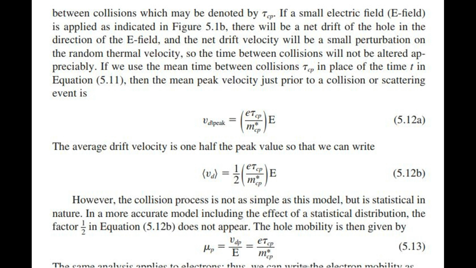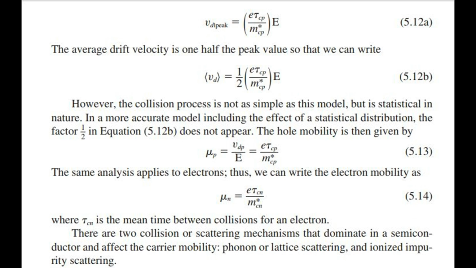In a more accurate model including the effect of a statistical distribution, the factor 1/2 in equation 5.12b does not appear. The hole mobility is then given by. The same analysis applies to electrons, thus, we can write the electron mobility as where τ_cn is the mean time between collisions for an electron.